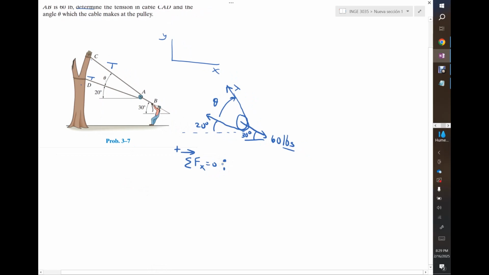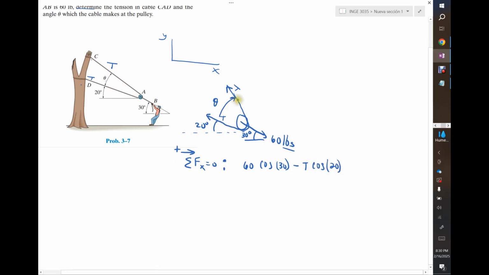The only one that is positive is this one, so that would be 60 times cosine of 30, and that's positive because it's going in the positive x direction. Now, this one is going in the negative direction, but that's going to be this T, which I don't know what it is, so that will be minus T times, going that direction, the cosine of 20.